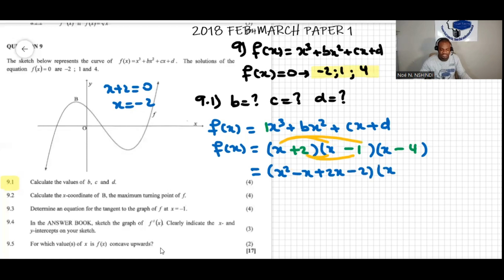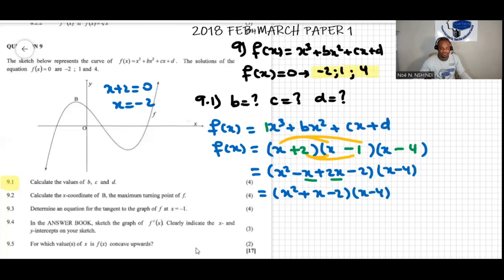Close brackets, and then x minus 4 there. Then we can reduce what is in the bracket, so it's going to be x squared, because these two are like terms, we can combine them. This will be plus x, and then minus 2, open bracket, x minus 4.